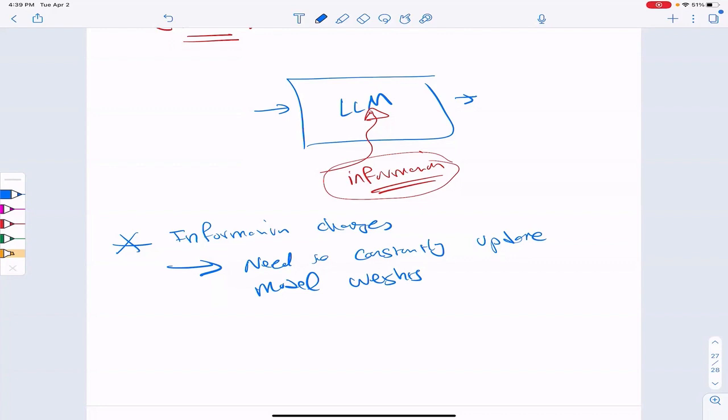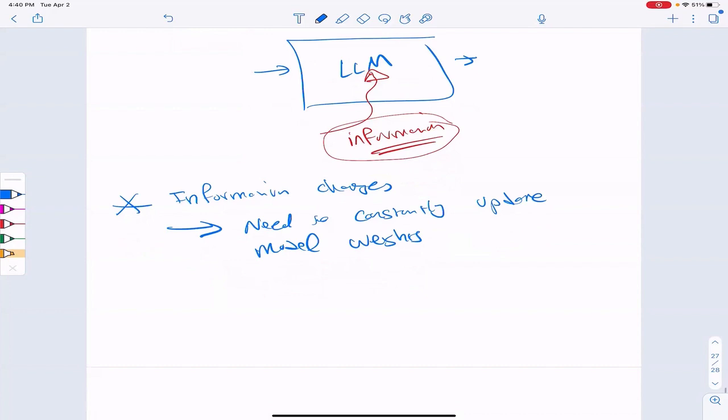Maybe some old knowledge is not valid anymore. Then that, coupled with the fact that we don't really know where and how the information is stored in the model, immediately brings us this really fundamental problem that we need to perhaps repeatedly fine-tune our model in order to have some decent model with the most up-to-date information.